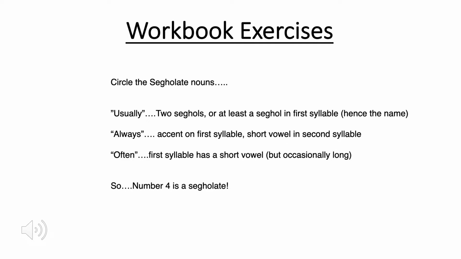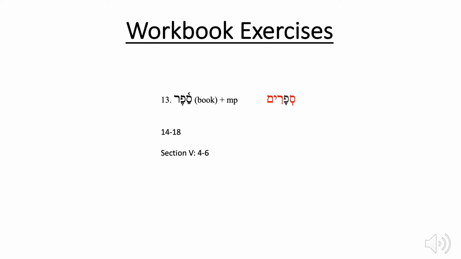So for instance, the word for book, sefer, has a sere in the first syllable, but often it will be 2 short vowels. The first giveaway of a segolet is the fact that it has that accent in the first syllable. You should be able then to apply these rules to your workbook exercises to determine which ones are segolets.